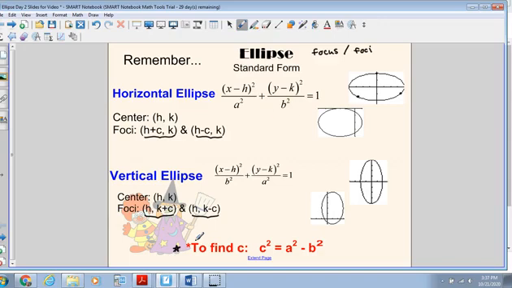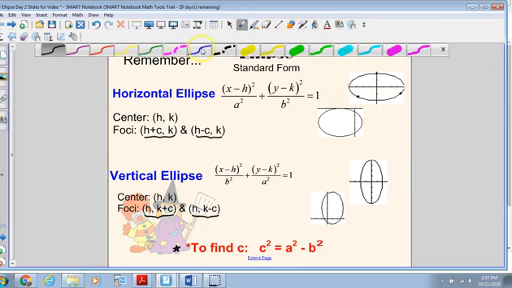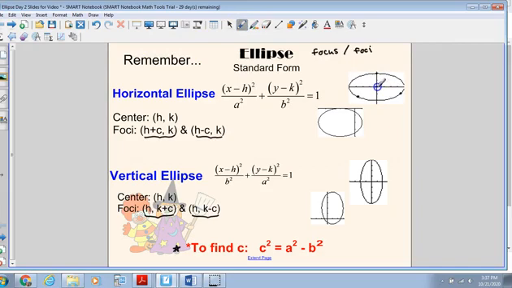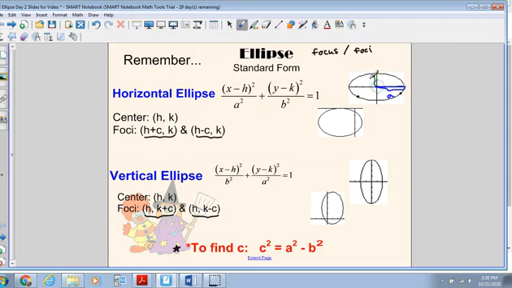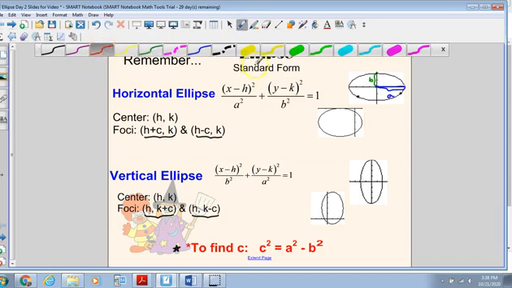Now on our graphs, what does it represent? Let's take a look back up here at this problem for a minute. On this particular graph right here, our a value is the distance from our center to the endpoint of our major axis, the major vertices, and our b value is the distance from the center to the endpoint of the minor axis, and then the c value lies somewhere along this major axis.